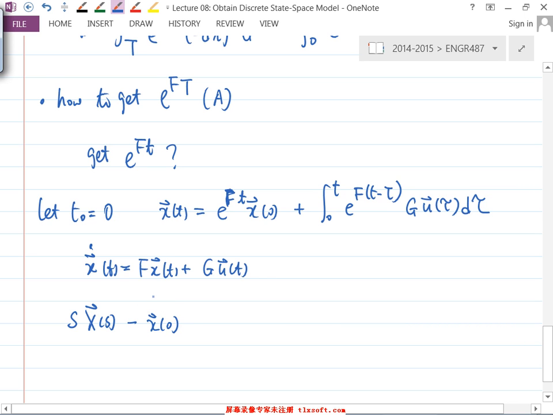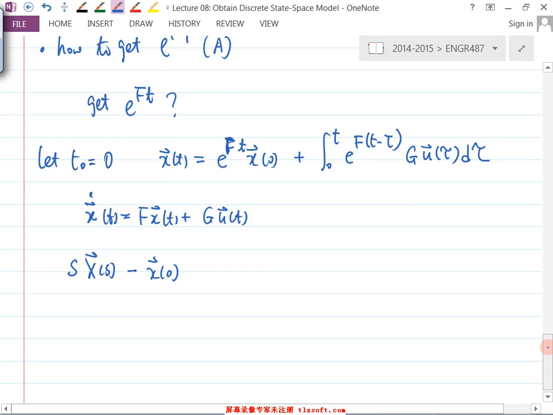Does that ring a bell? It's very similar to the z transform. When you take the z transform of x of k plus 1, what is the transform? Z times capital X of z, minus an initial condition, right? So the other side is capital F times X of s plus G times U of s.